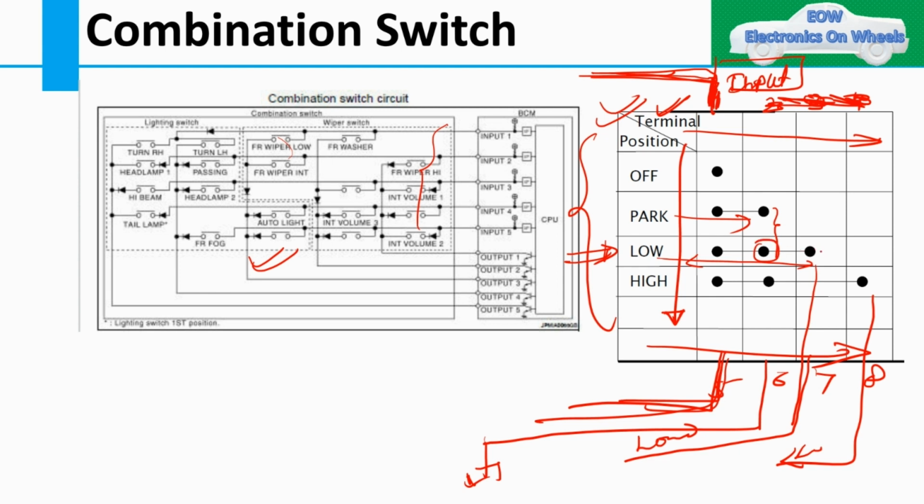It means that when you switch on low beam or high beam, your parking light will always be on. I hope you understood my point. Even when your combination switch position is on high beam, your park connection is already made. So it means the parking light will be on automatically when you are in high beam or low beam.